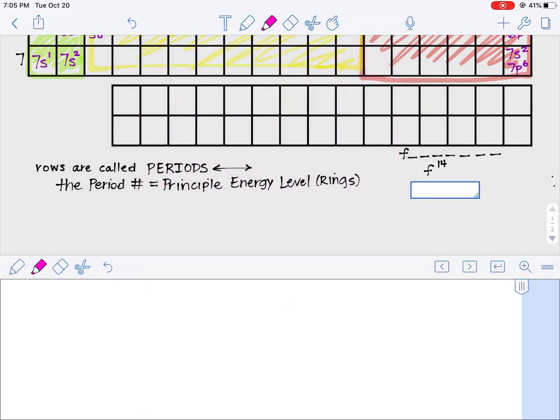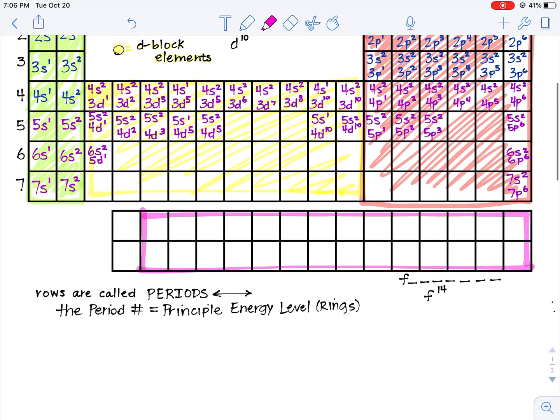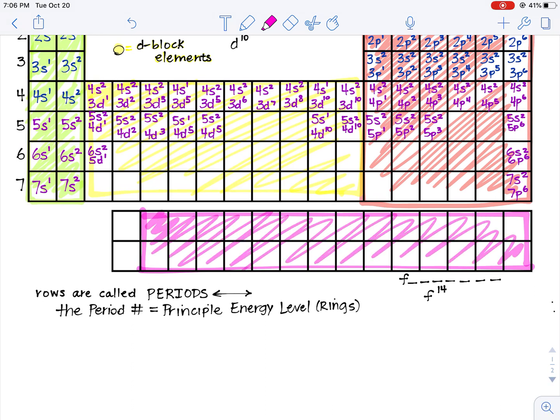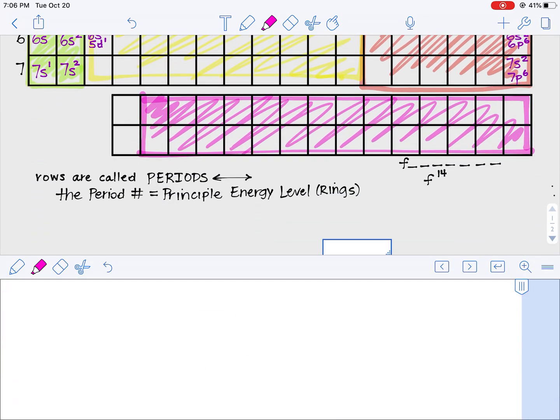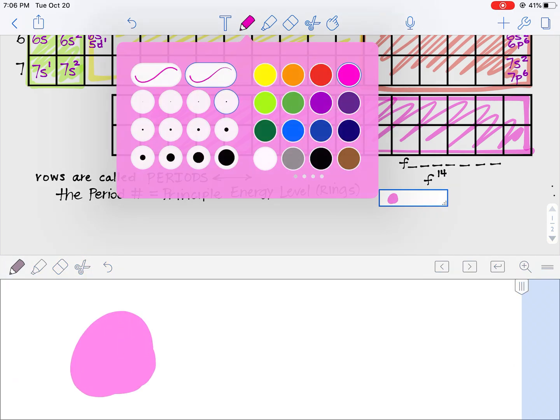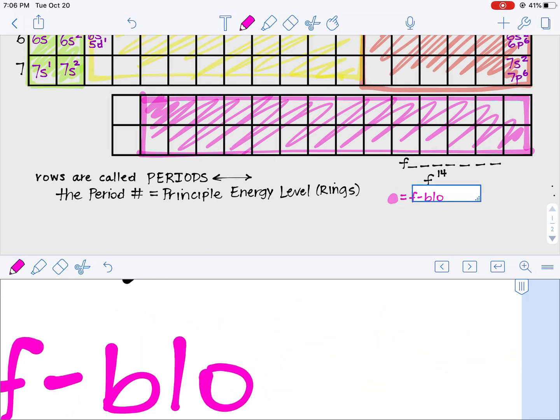If you count very carefully on this one, here are the 14 electrons that would fill the F sublevel. We'll enter the data in just a moment. My pink highlighting. This is the F block elements.